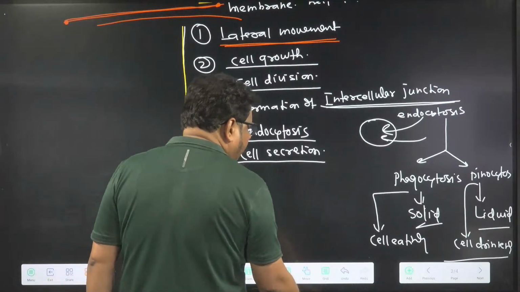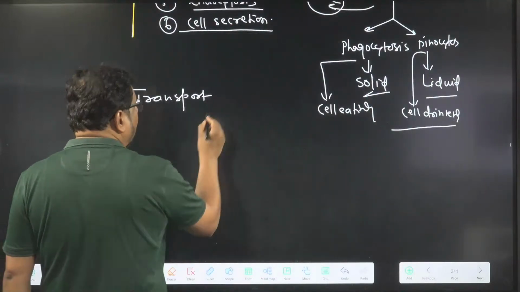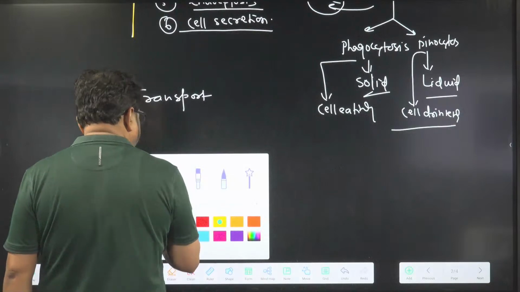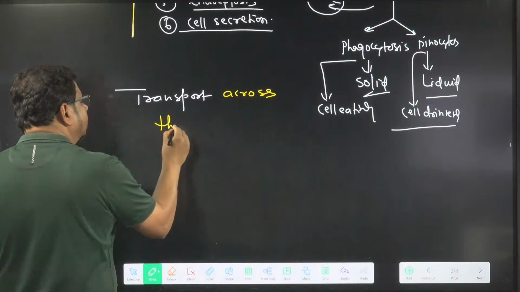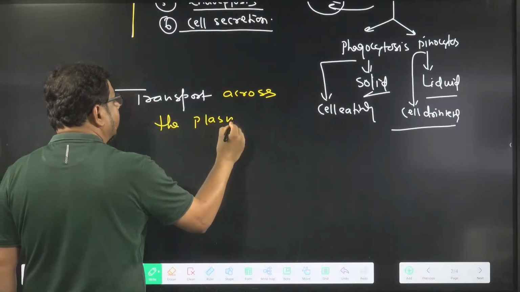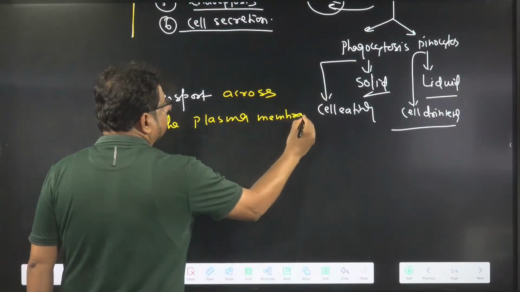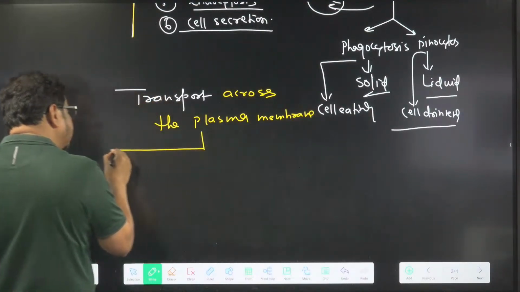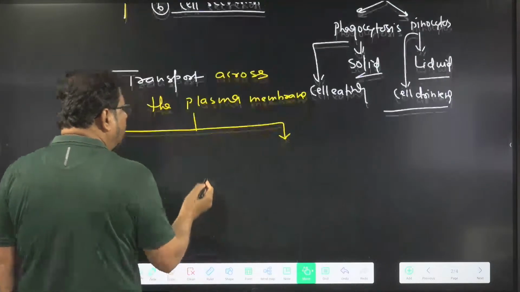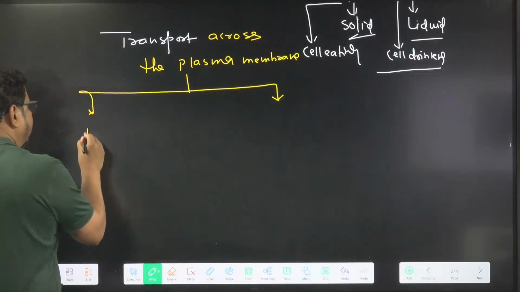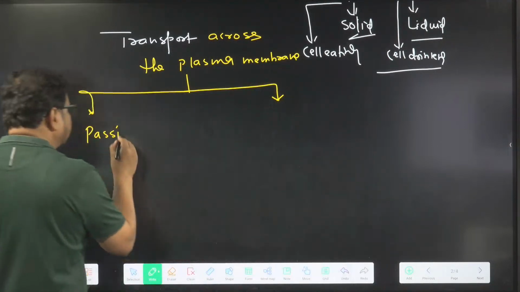Now what are we going to talk about? Now we are going to talk about transport across the plasma membrane. Through the plasma membrane, two types of transport occur. One is passive transport. Another is active transport.